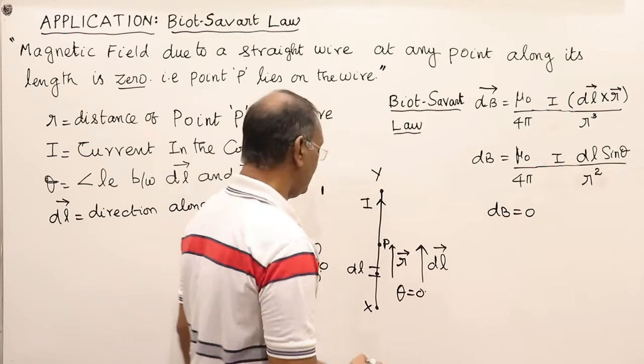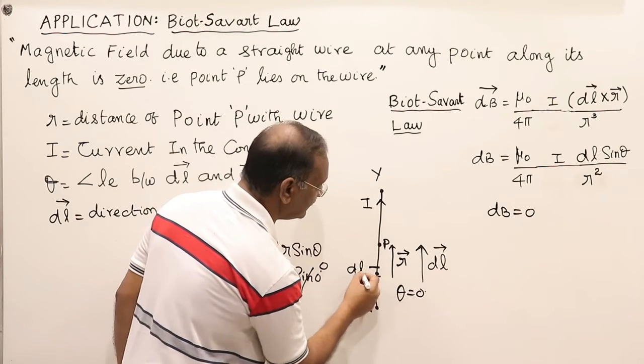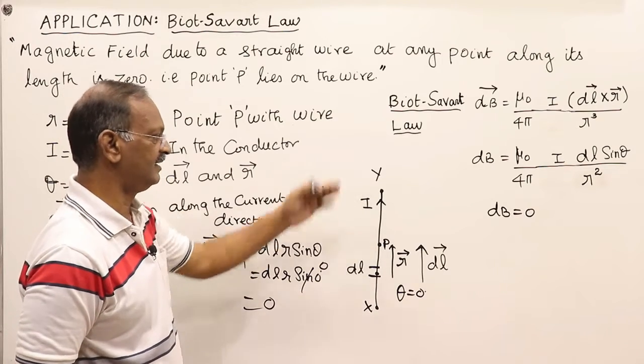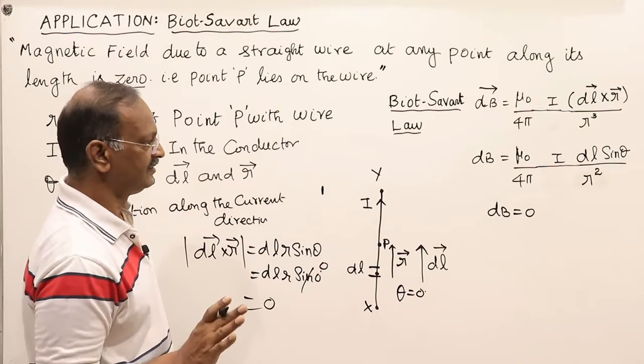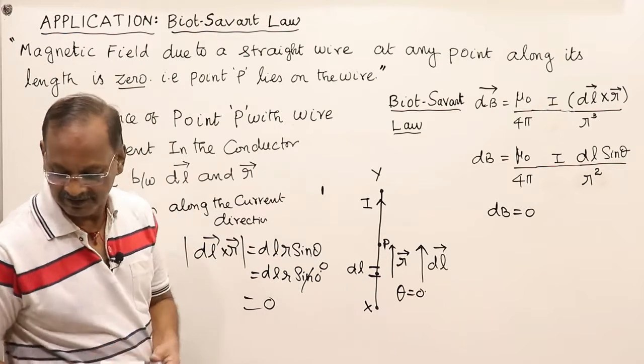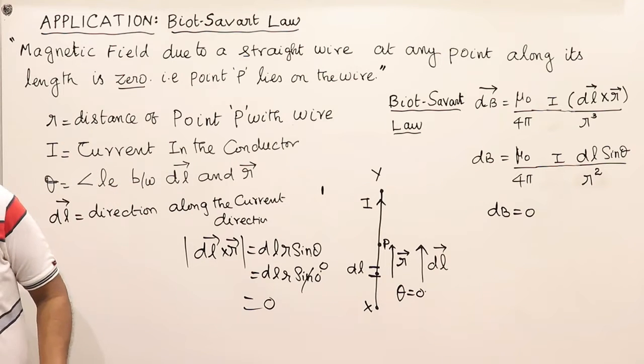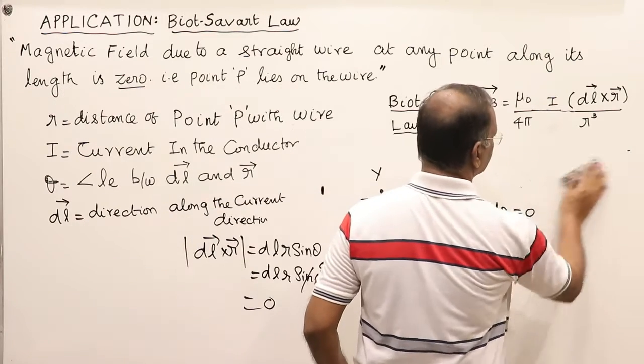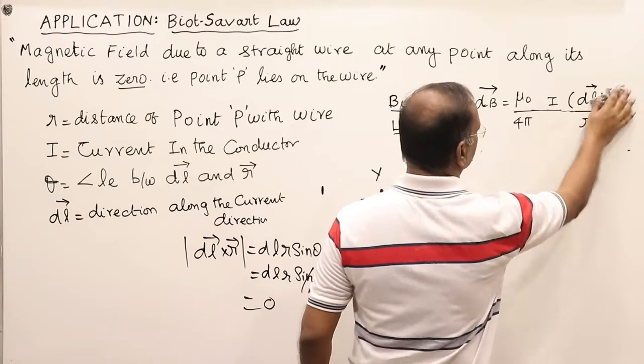That is, the magnetic field produced by this elemental length at the point P, which is lying on the conductor, is equal to 0. We can also do this using another form of the Biot-Savart law, which is derived from this formula.